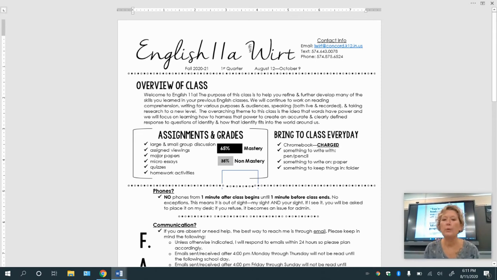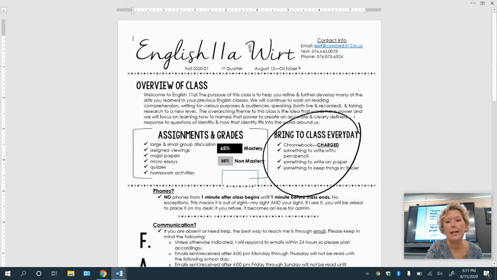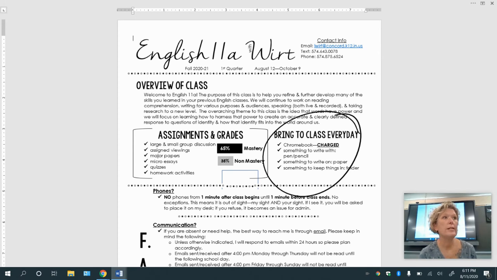Okay, so what are you going to bring to class every day? That is in this section right here, and it's super simple. I want you to have your Chromebook, and I want it to be charged. In our current situation, we do not have the luxury of everybody piling up near an outlet. You need to have a charged Chromebook. You need something to write with, something to write on, and something to keep things in, which is a folder.